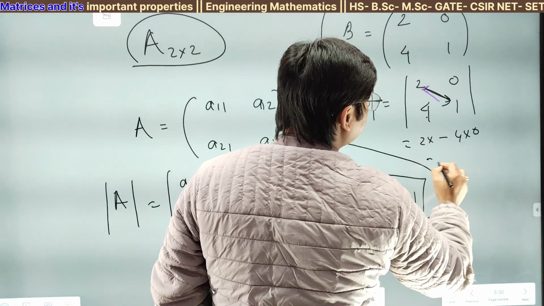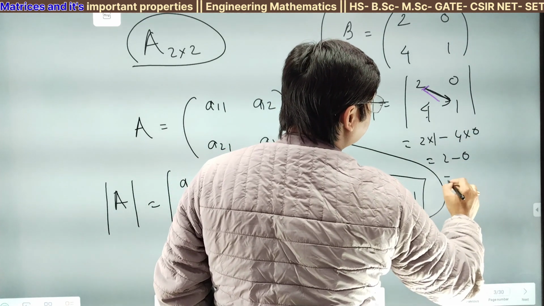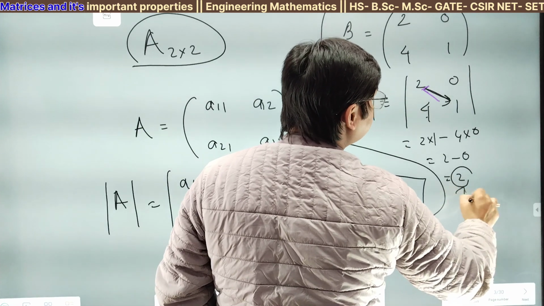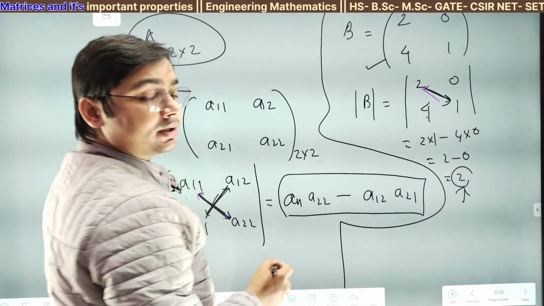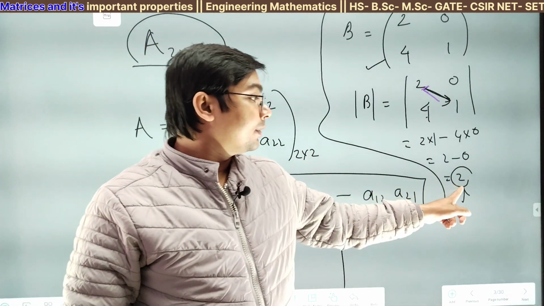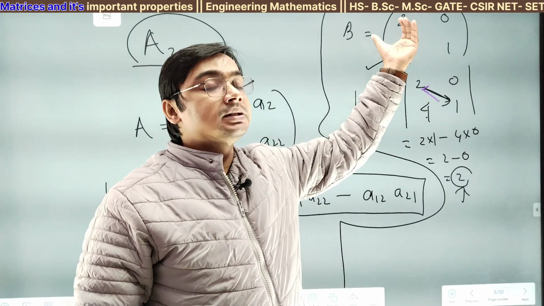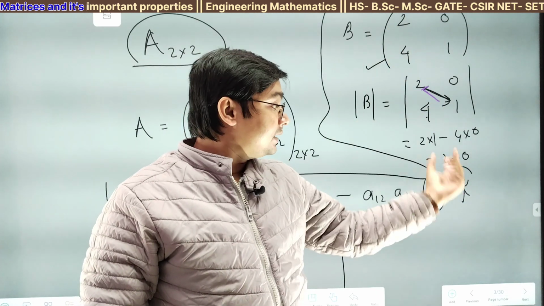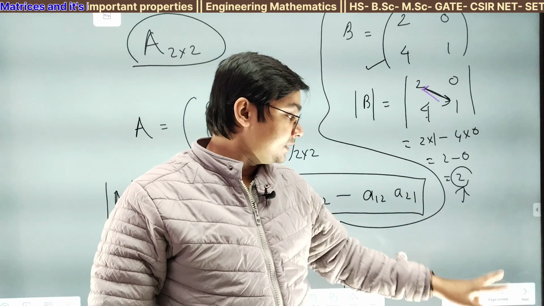So this will be 2 minus 0, that means 2. This 2 is the determinant of matrix B, a number associated with this matrix.